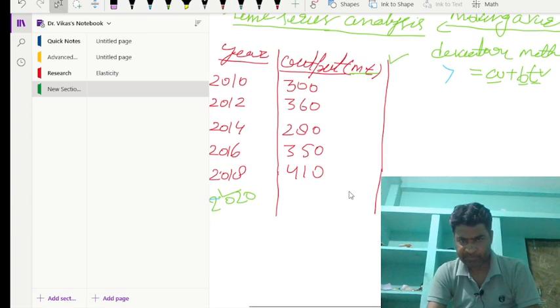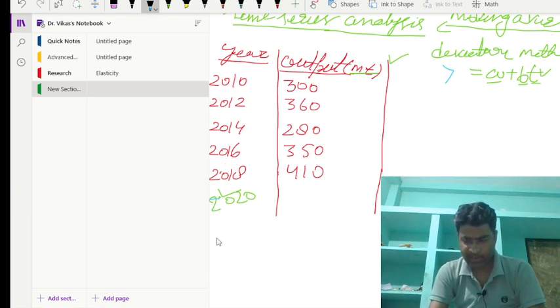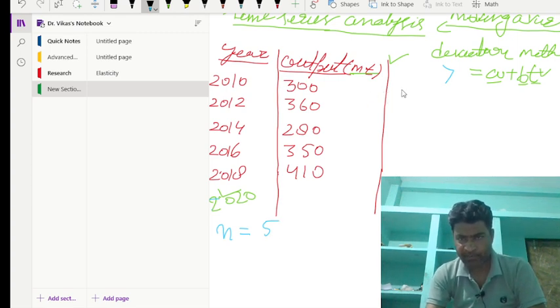We have 1, 2, 3, 4, 5, 6 years. The number of years, n, is equal to 5. So first we need to find the dt. dt is the deviation.